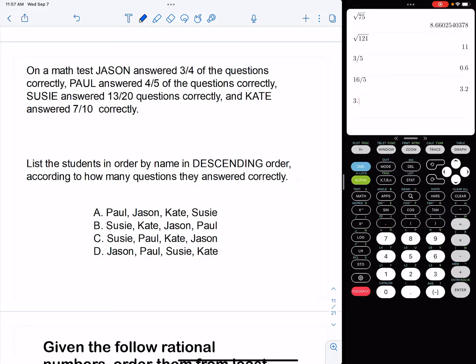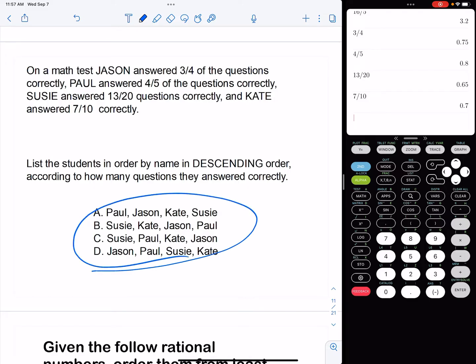So we would do 3 divided by 4, get 0.75. 4 divided by 5, get 0.8. 13 divided by 20, get 0.65. 7 divided by 10. We would take each one of those decimals and then place them in the appropriate order. And again, they're giving you the numbers, but then they're asking you to come up with the answer based on names.